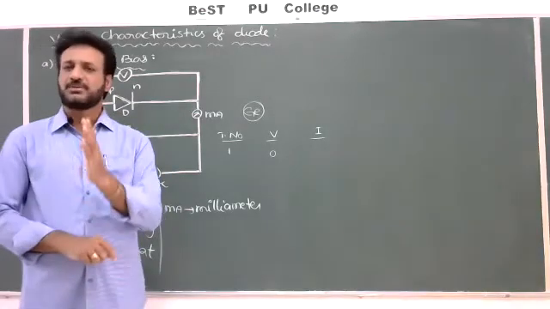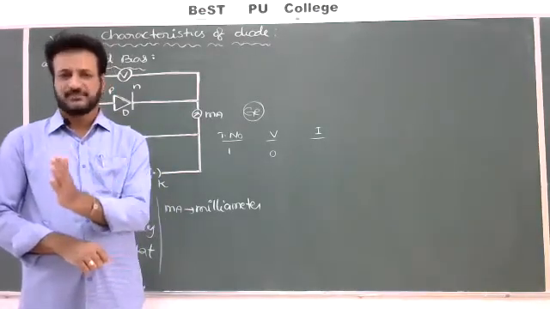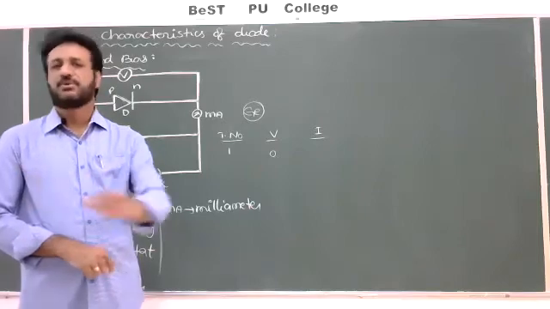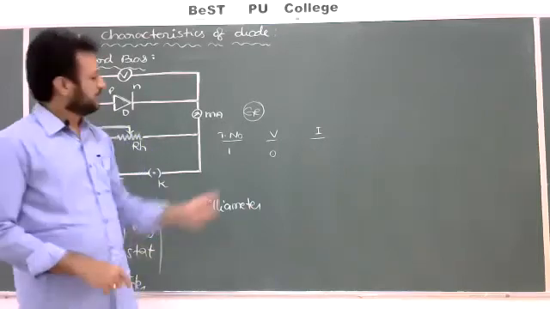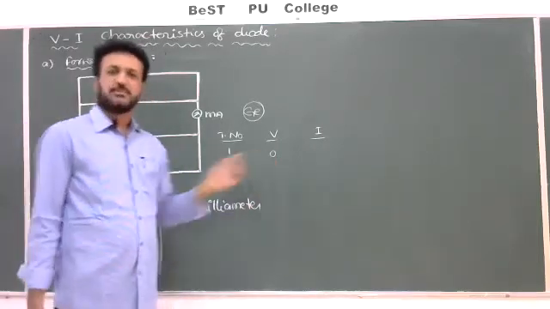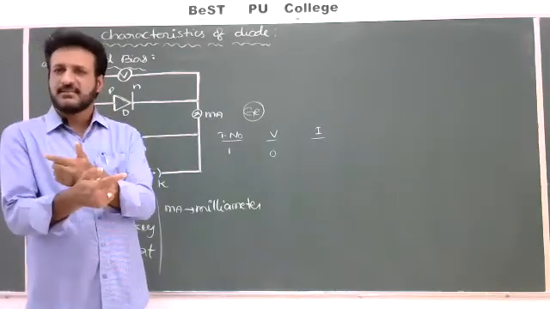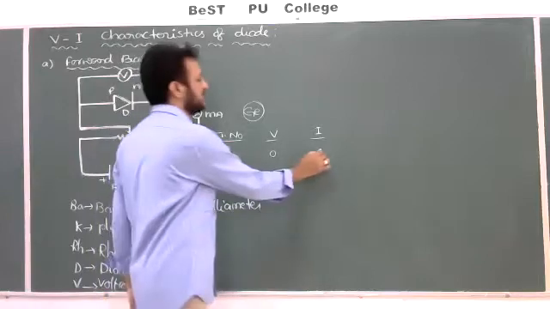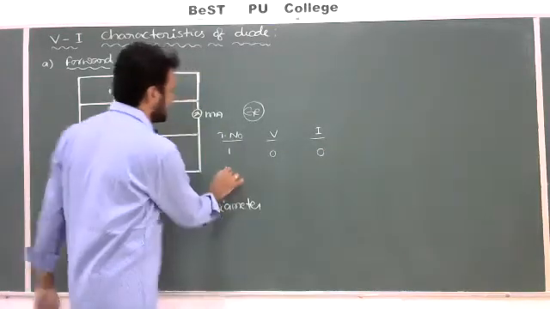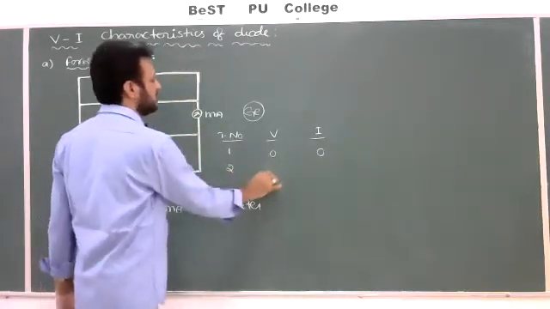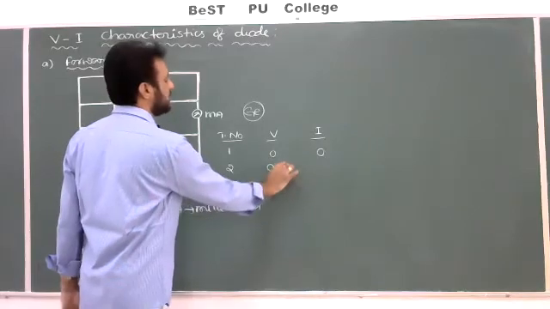Up to 0.2 or nearly 0.25 or 0.3, there will be no flow of current. That's why when we applied 0 voltage, both electrons and holes cannot cross the junction, cannot combine. That's why there is no flow of current. So current is equal to 0. Second trial, I am increasing this value to 0.1 volt.